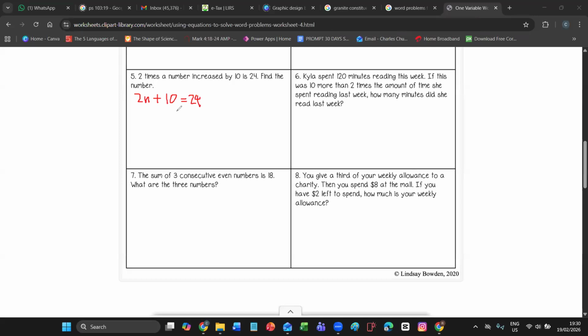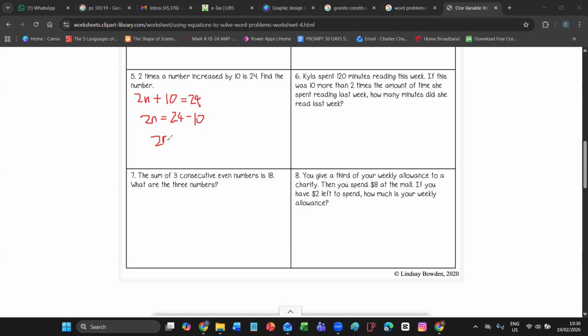Okay, so what are we going to do here? Bring the 10 over to the 24. Exactly. So I'm going to have 2n equals 24 minus 10, which is 14. Yes, and that will leave us with 2n equals 14.